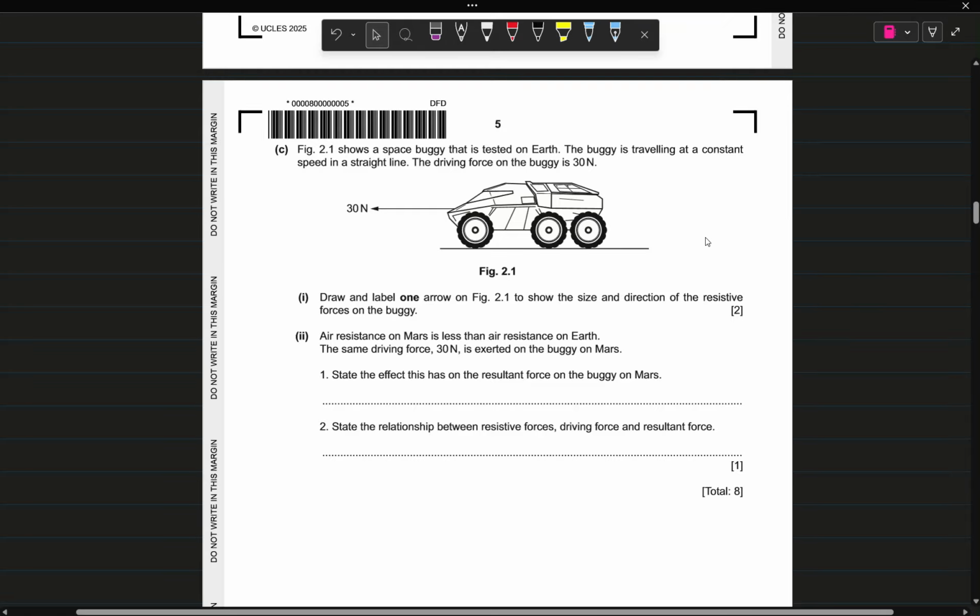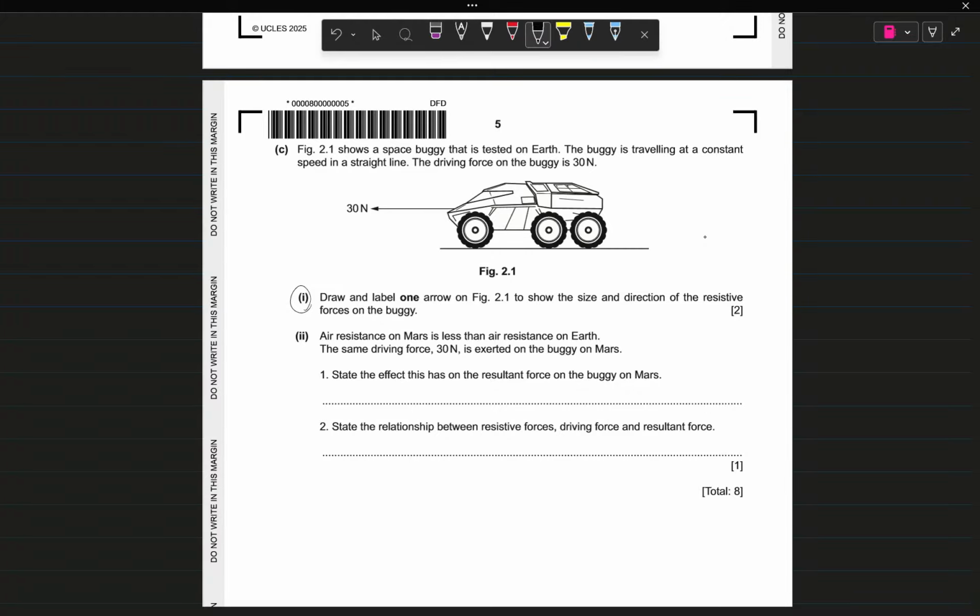Now for part C, figure 2.1 shows a space buggy that is tested on Earth. The buggy is traveling at a constant speed in a straight line. The driving force on the buggy is 30 newtons. For part 1, draw and label one arrow on figure 2.1 to show the size and direction of the resistive force on the buggy.